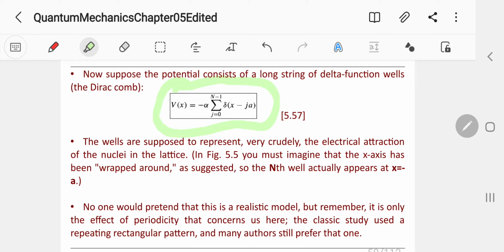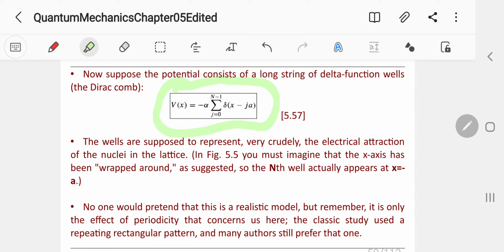And you must imagine that the end of the comb is wrapped around so that it represents an endless comb, so that your nth well will actually appear at x equal to negative a if you have a very long comb.